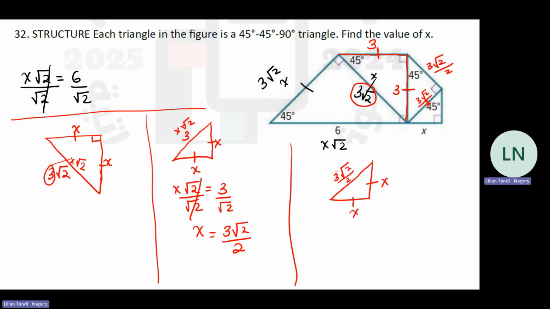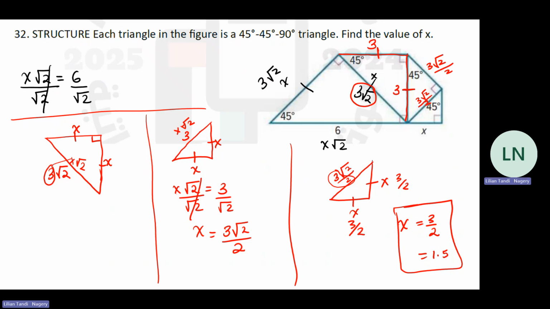Okay. So x will be 3 over 2. So this will be 3 over 2 and 3 over 2. So then you write your answer. X is equal to 3 over 2, or 1 and 5/10. You box your answer. Okay?